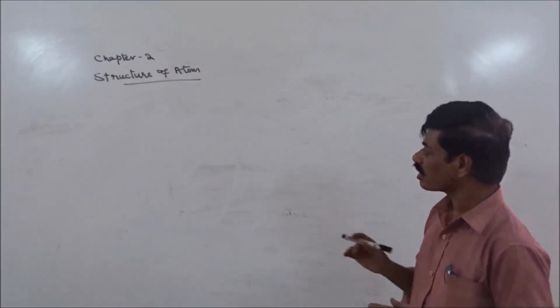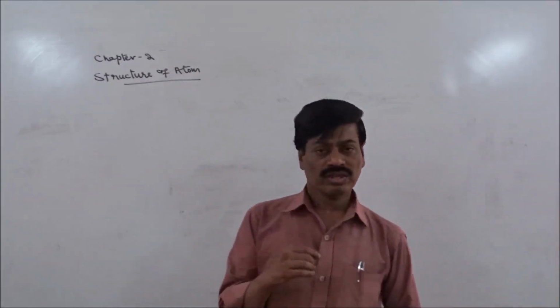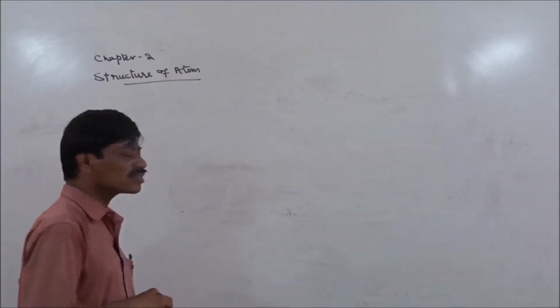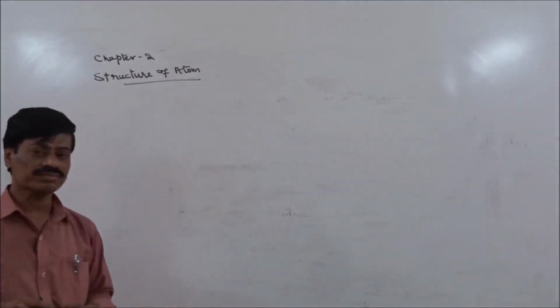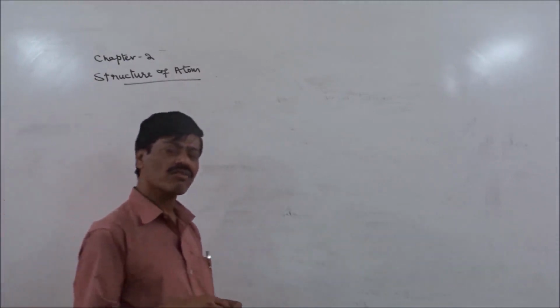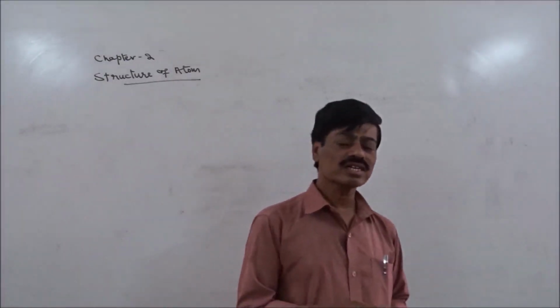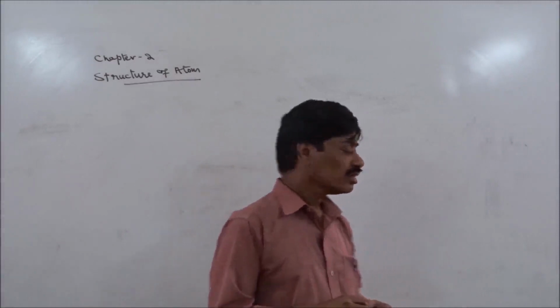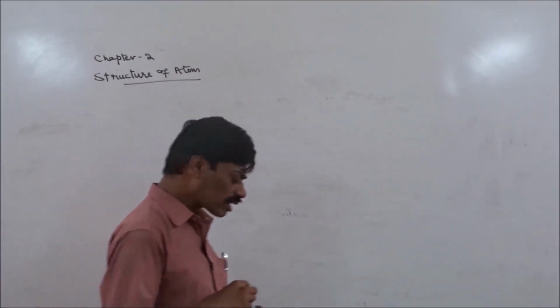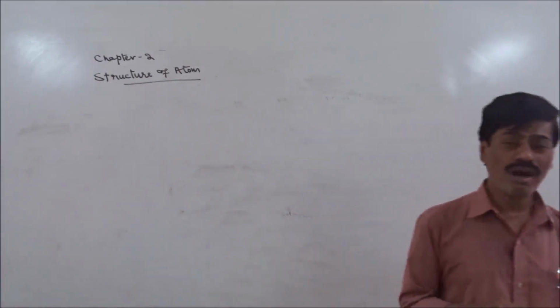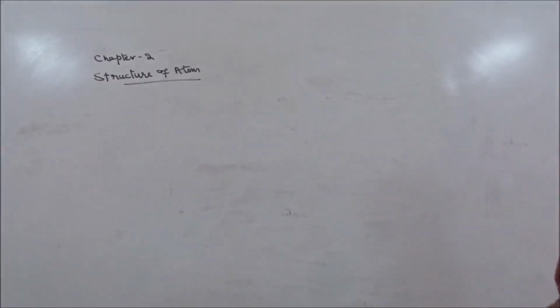Next, in the case of Rutherford's atom, around the nucleus we have much empty space. So electrons which are revolving around the nucleus may come in contact with a particle that is passing through the atom, or those electrons may not come in contact with the particles which are passing through the atom.